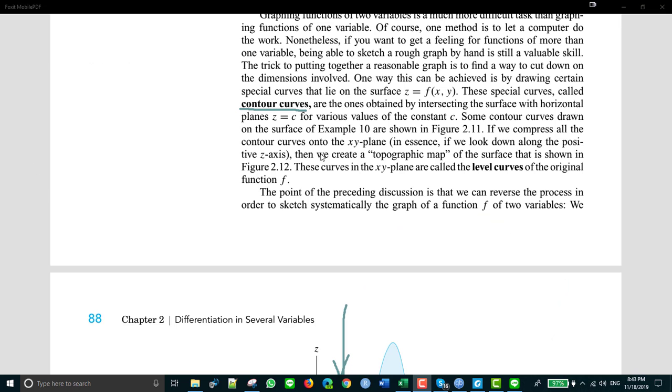So once again, if we compress all the contour curves onto the xy plane, in essence, if we look down along the positive z-axis, then we create a topographic map of the surface that is shown in here. These curves in the xy plane are called the level curves of the original function f. The point of the preceding discussion is that we can reverse the process in order to sketch systematically the graph of a function of two variables.